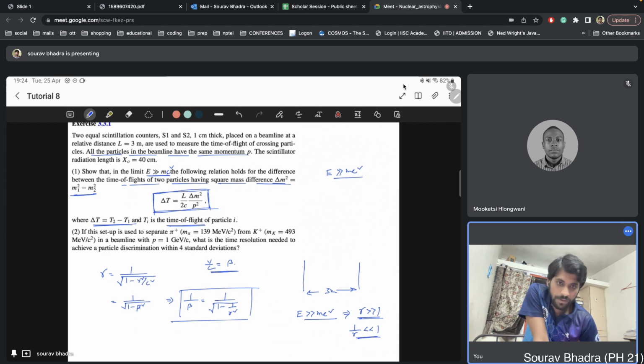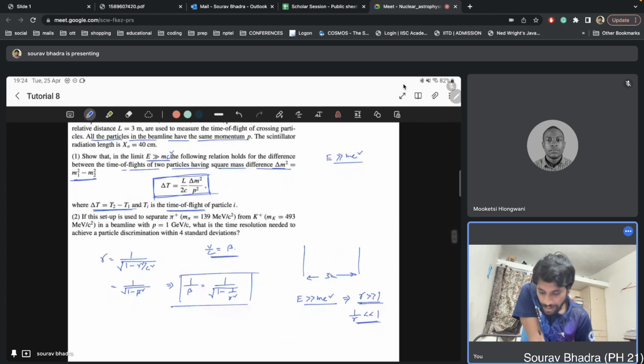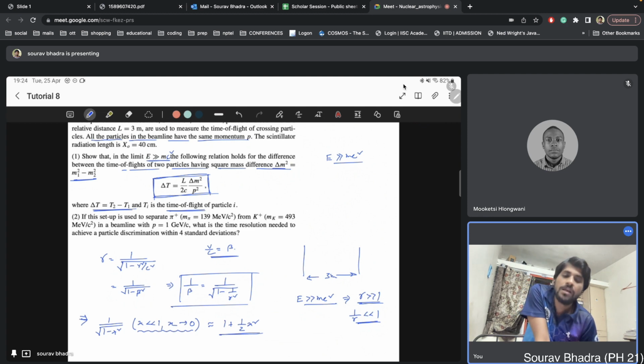Suppose you have something like the square root of 1 minus x square, and x is much less than 1, that means x tends to 0.